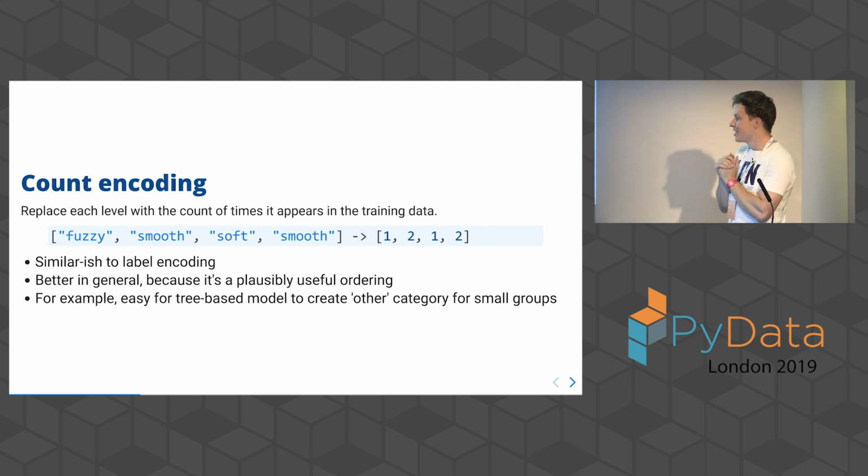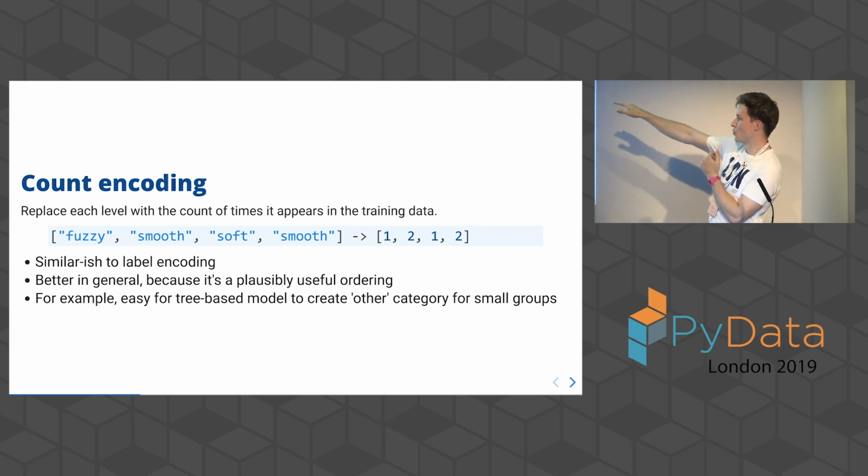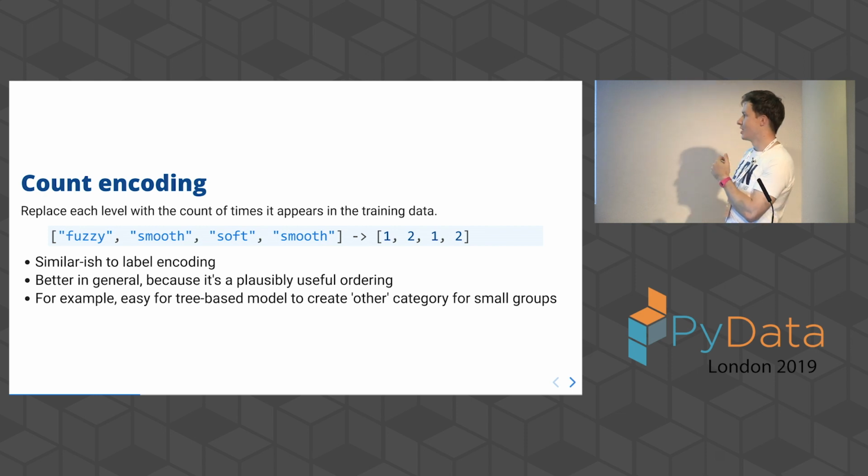But instead of just assigning a string to an integer, you replace it with the count of the number of times this level showed up in the training data. So here we have fuzzy and soft each show up once, smooth shows up twice, so it gets 2.